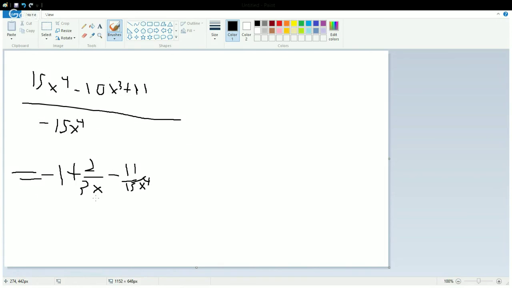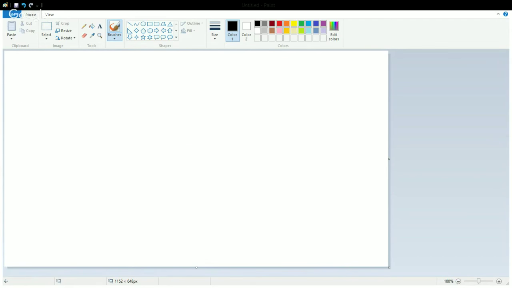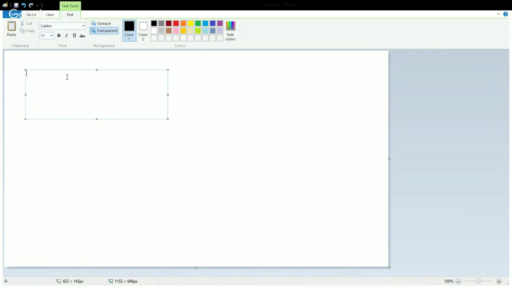All right, now let's move on. Next problem coming up. Find the greatest common factor for 90, 14, and 35. Sorry, could you repeat that again? They want the greatest common factor between 90, 14, and 35.